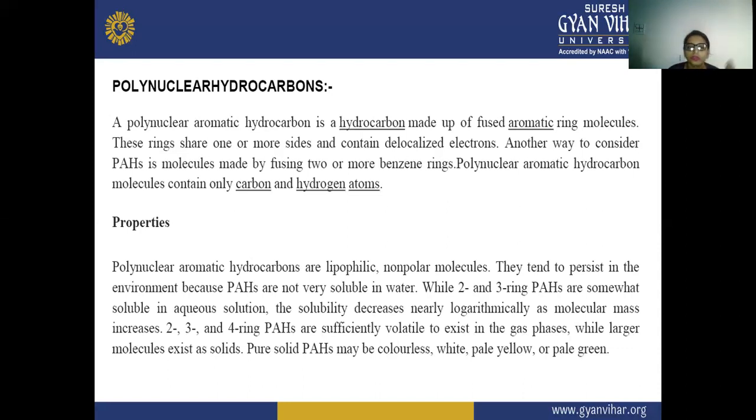So these polynuclear hydrocarbons are made up of aromatic fused rings, and the rings share one or more sides and contain delocalized electrons. They are formed by fusing two or more benzene rings, and these molecules contain carbon and hydrogen atoms.